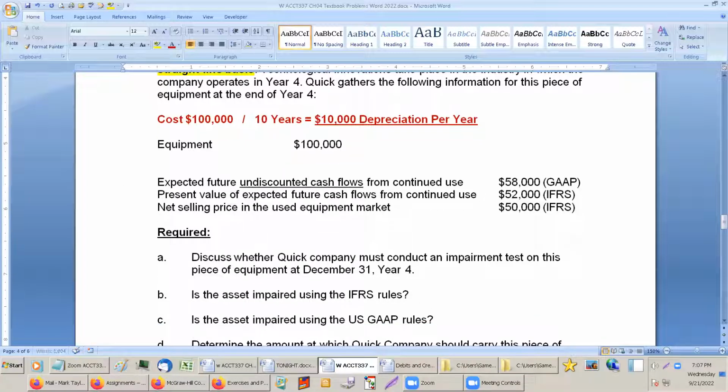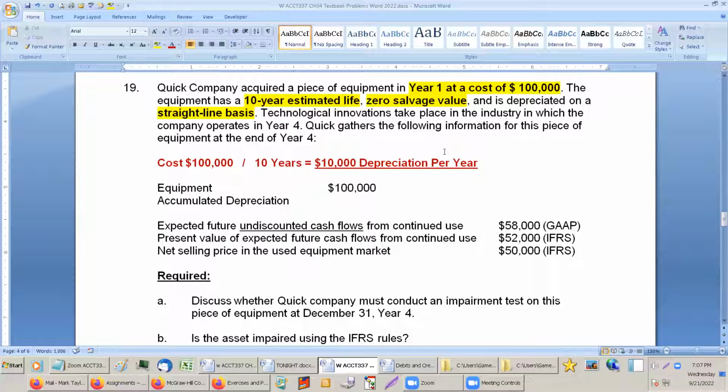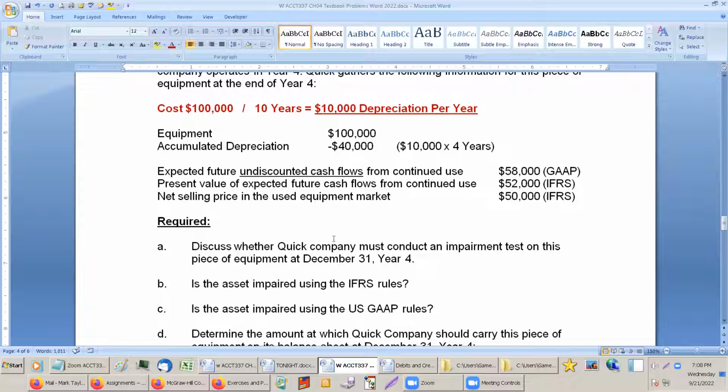At the end of 4 years, we would have accumulated depreciation. And so you'd have a book value or a carrying value of.